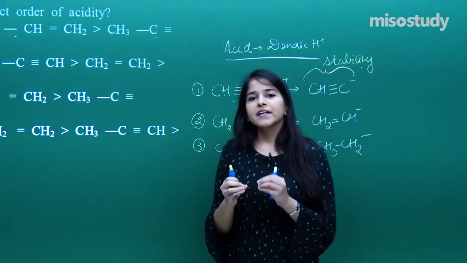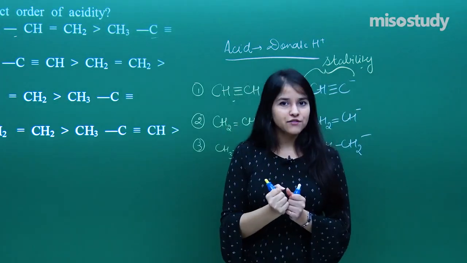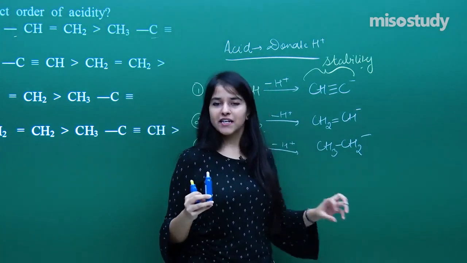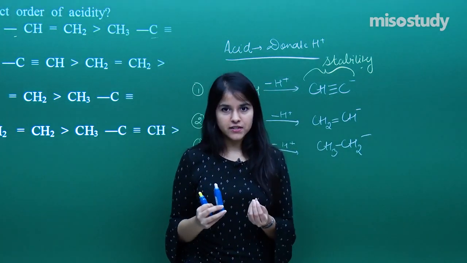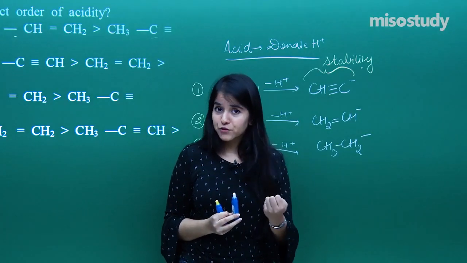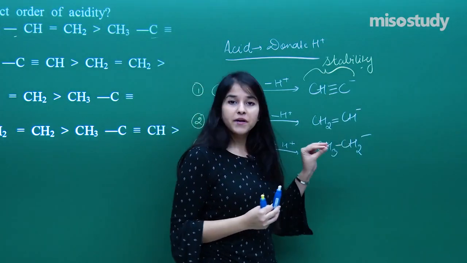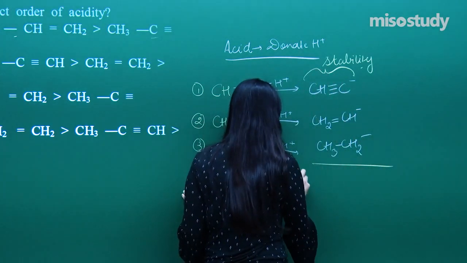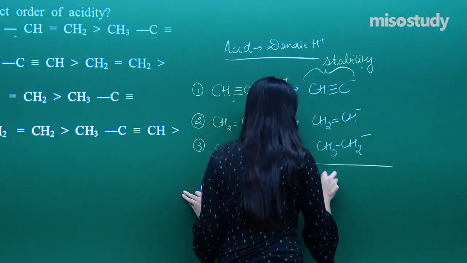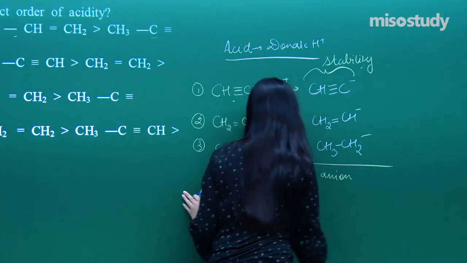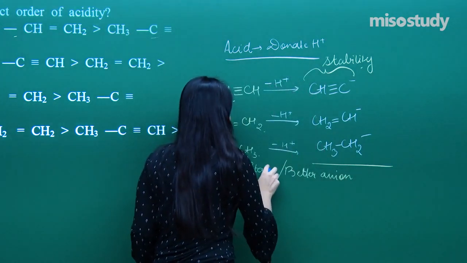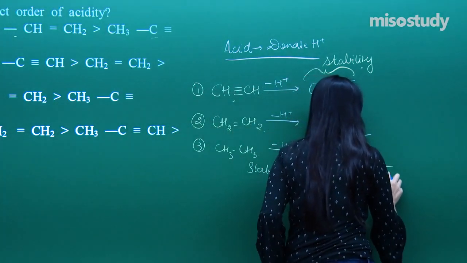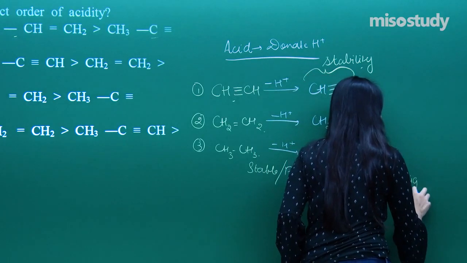A stable anion is that which is able to hold the negative charge properly. Which of the following is able to hold the negative charge very properly? The one which has higher electronegativity. Yes, that would be our approach over here. A better anion, or I can say a stable anion, would be the one having high electronegativity.